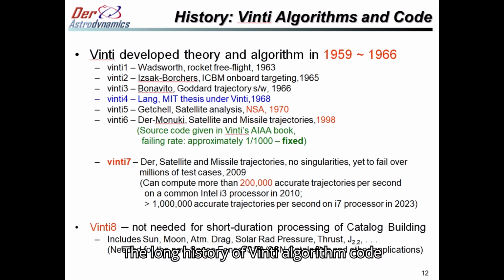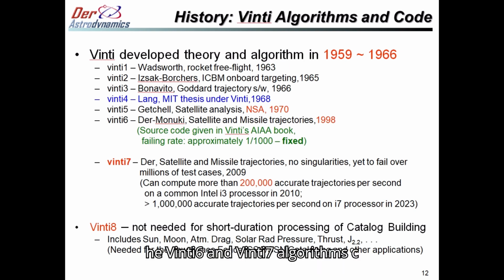The long history of Windy algorithm code developments started as Windy 1 in 1963 and ongoing to Windy 8 in 2023. The Windy 6 source code included in my book, Analytic Astrodynamics Algorithms for Rapid Space Catalog Building, is the latest version of Windy 6. Windy 7 improves the robustness.